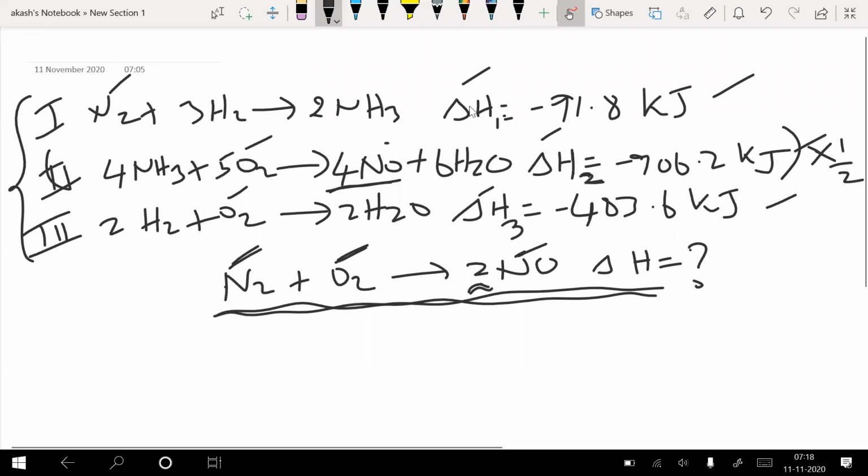I'll keep it. Let me write the reaction. The second reaction alone I'll write again, multiplied by 1/2.